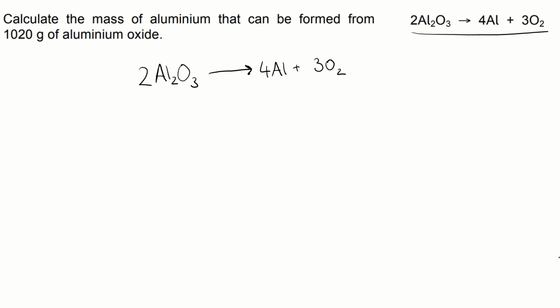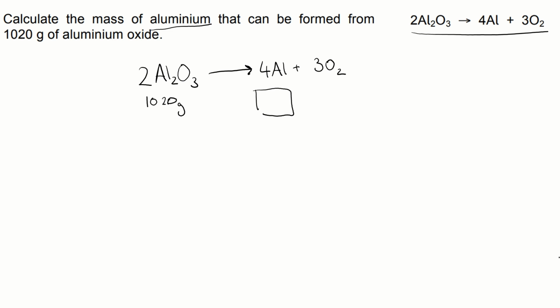Right, let's read the question again. Calculate the mass of aluminium that can be formed from 1020 grams of aluminium oxide. So we've got 1020 grams of aluminium oxide, and we're working out the mass of aluminium. So I'm going to draw a box underneath my aluminium, and those are the only two things we're after.